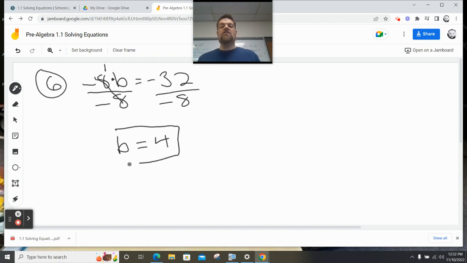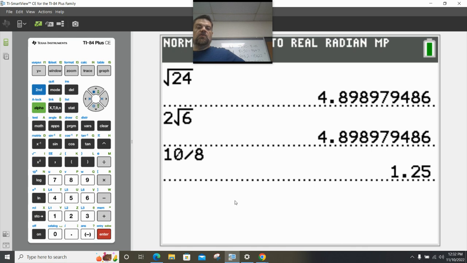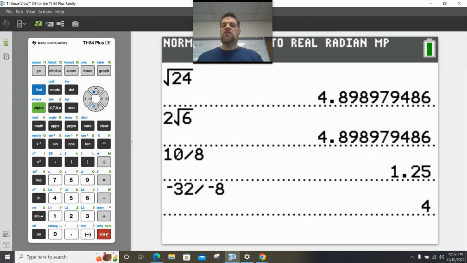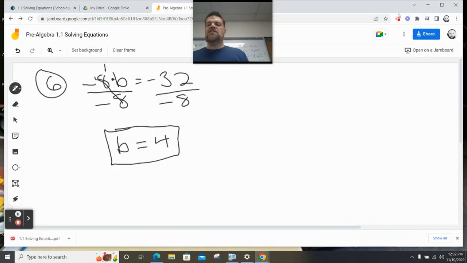By the way, if you can't remember the rules and Mr. Adams isn't standing next to you, how could you find the answer for that? Plug it in the calculator. If I just type negative 32 divided by negative 8, guess what? It tells me it's positive 4. So that's why we give you guys these calculators.